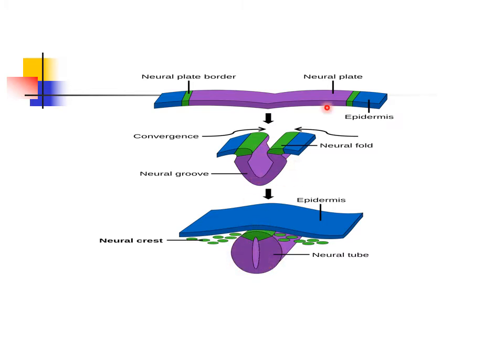You can see this green color represents the site of the neural crest cells' origin. They appear here at the crest of this groove. Later on, when the tube is formed, they detach from this area and migrate in different directions, participating in the formation of different organs in the embryo.